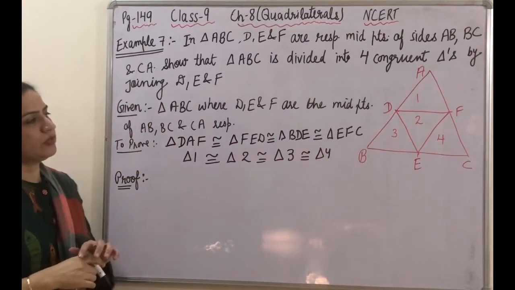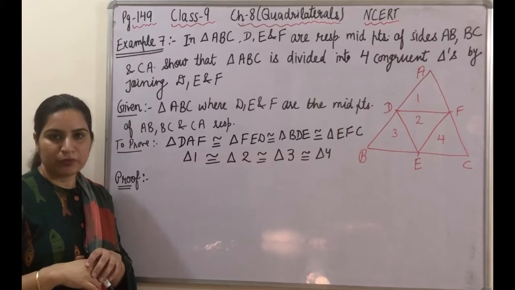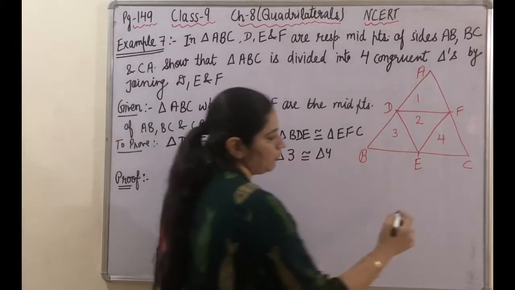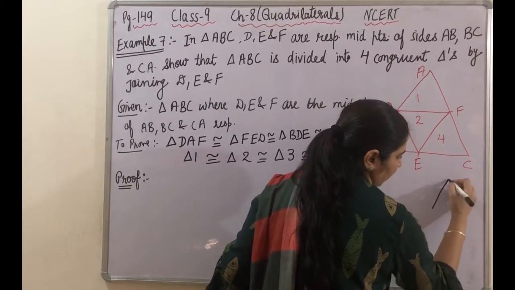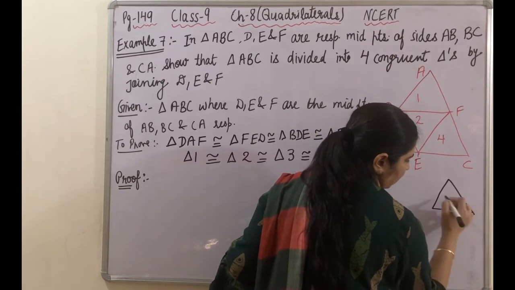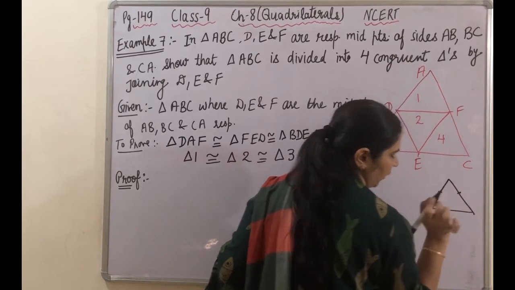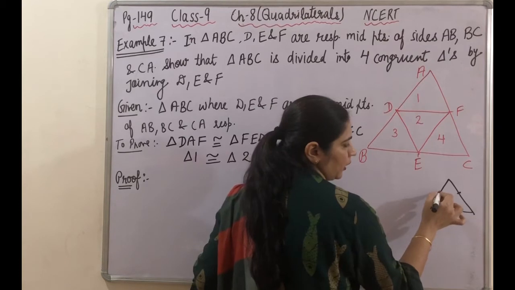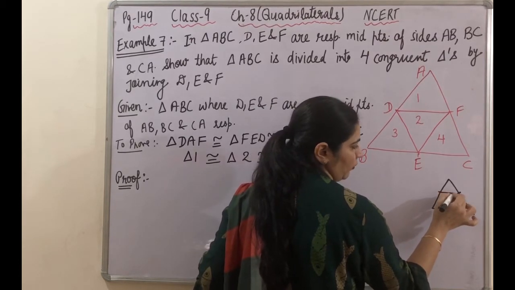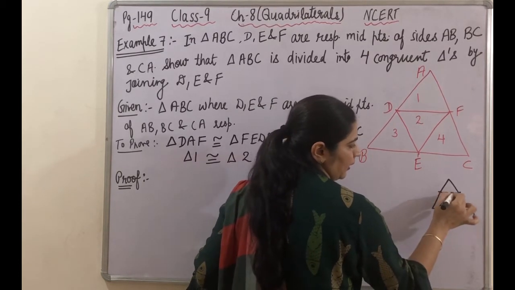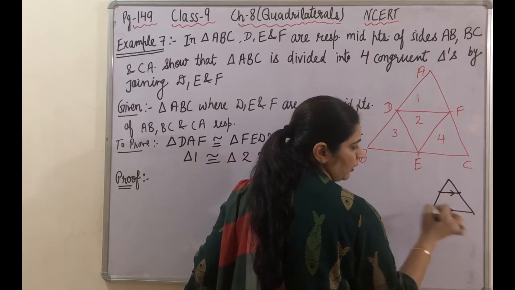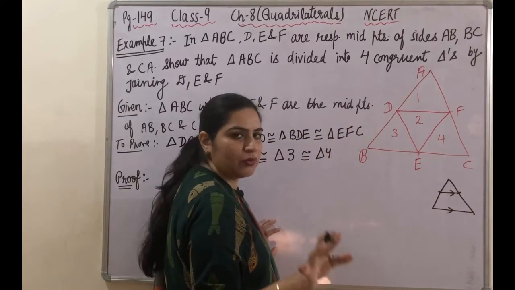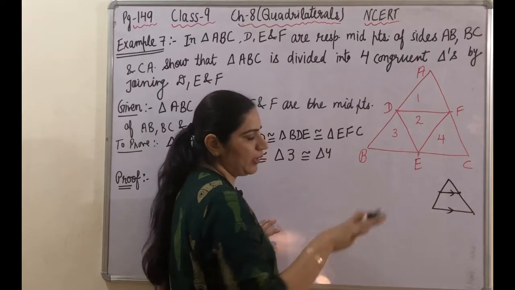And here I am going to apply the result of the midpoint theorem. I know in the midpoint theorem, if a triangle is given and 2 midpoints are given, and I join these 2 midpoints, I will get one line. This line would be parallel to the third line and will be equal to half of it. I am going to apply this result.